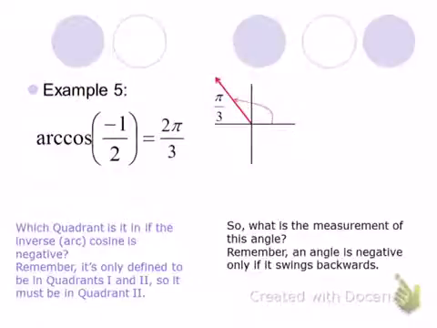Now, these are all pretty simple when they're straightforward, but there's a tricky way to ask these questions that you'll see from time to time. I'm not going to ask you a bunch of the tricky ones, but it's going to make you really know what these things mean. Arc cosine is always going to be between 0 and pi, and inverse sine or arc sine is always between negative pi over 2 and positive pi over 2.